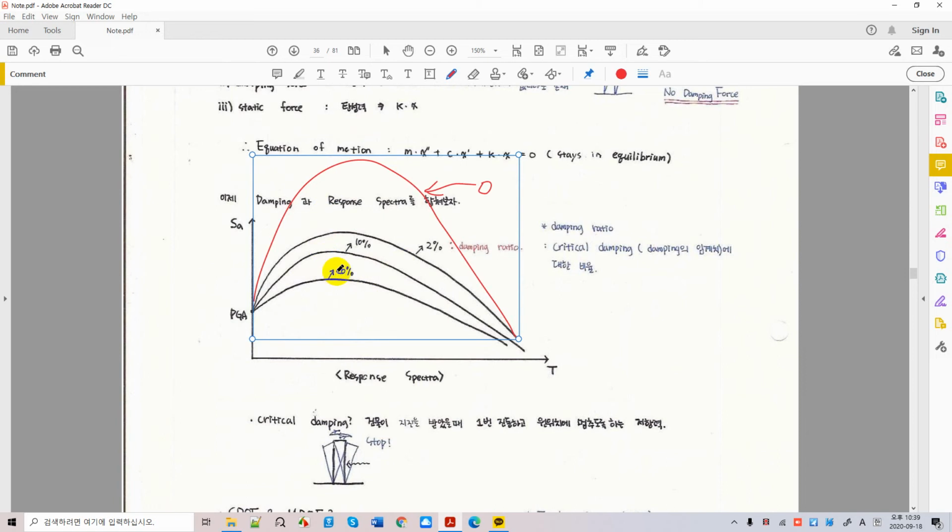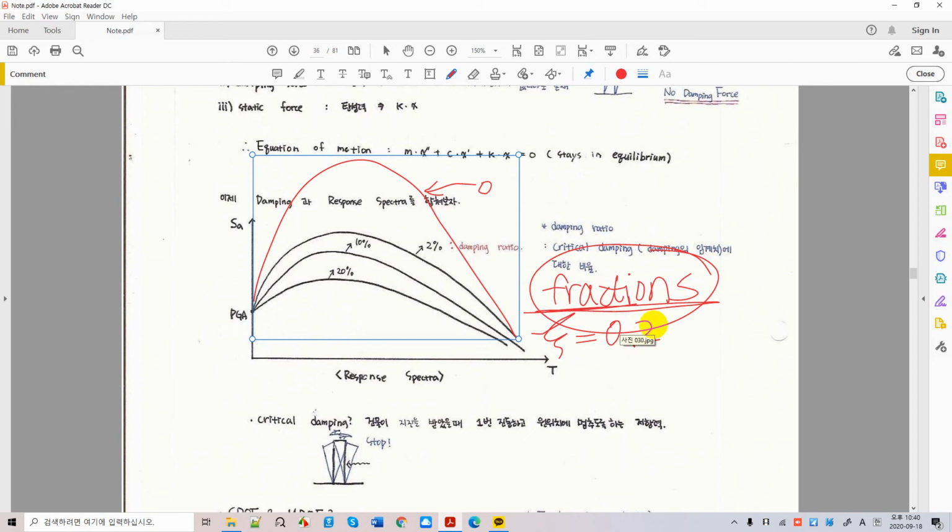And let me explain the damping ratio one more time. Damping ratio is a fraction, okay? The damping ratio is a fraction of critical damping. So we call the damping ratio zeta equal 0.2.